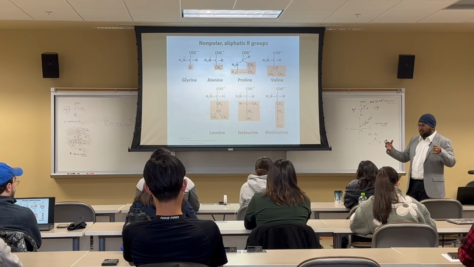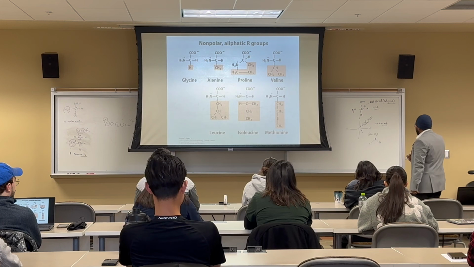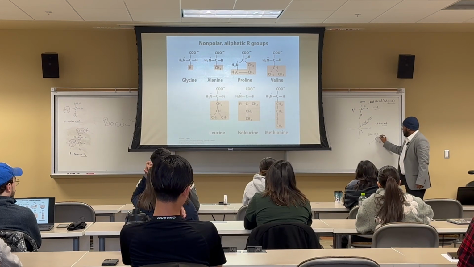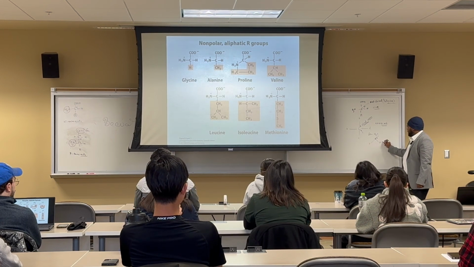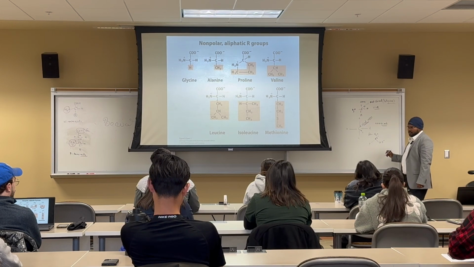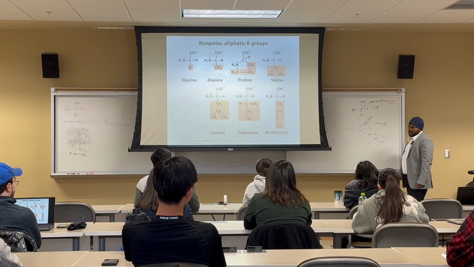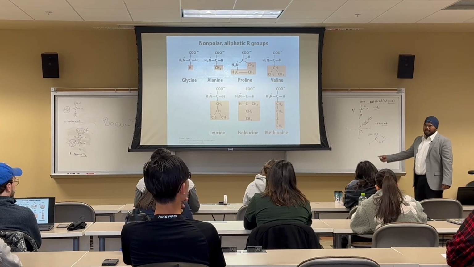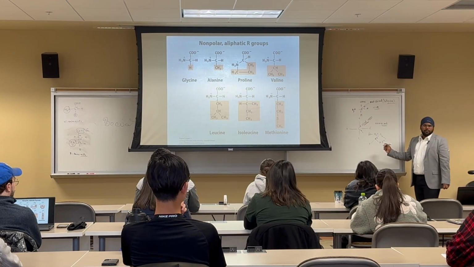Oxygen has higher capacity to pull electrons towards itself, and that's why it has a partial negative charge. And hydrogen has a partial positive charge. This positive and negative charge in the same molecule makes it a polar molecule.